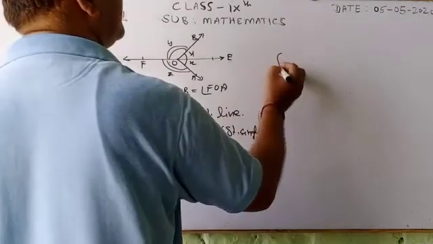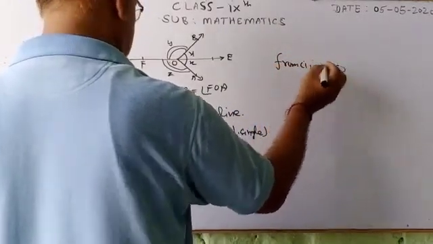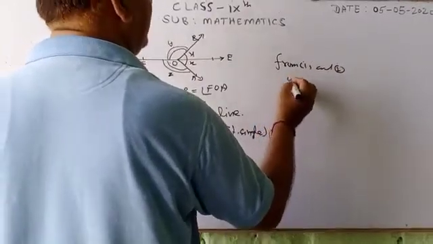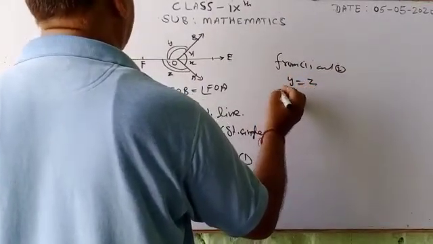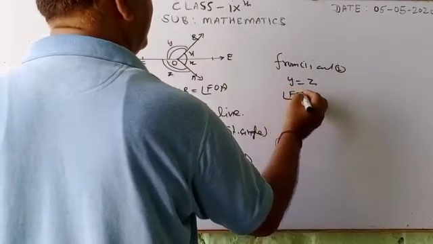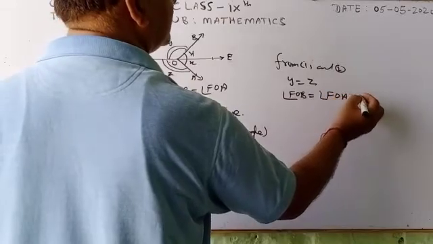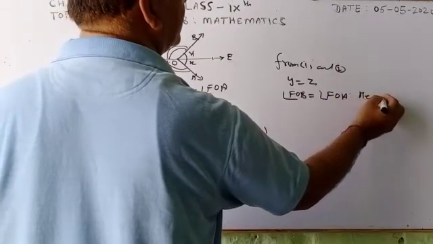From 1 and 2, y equals z. Y we are taking as FOB, and z we considered as FOA. Hence proved.